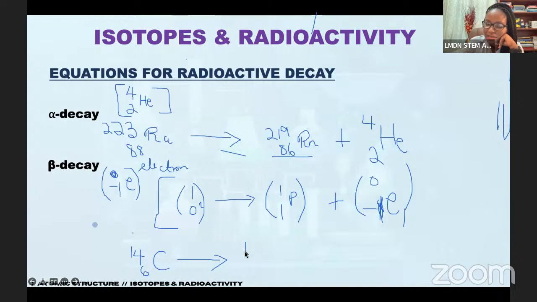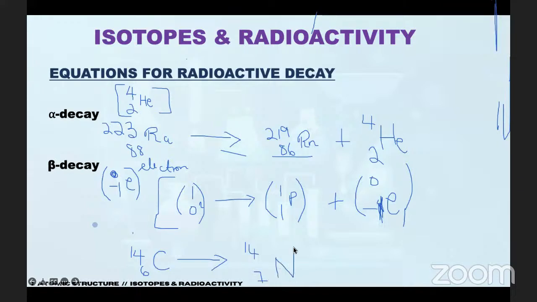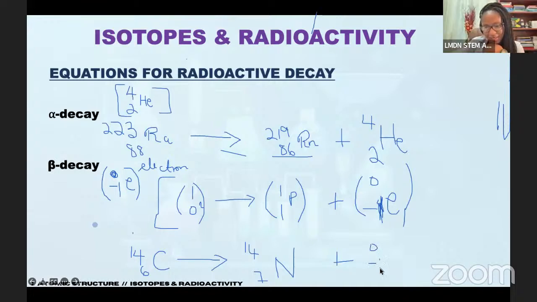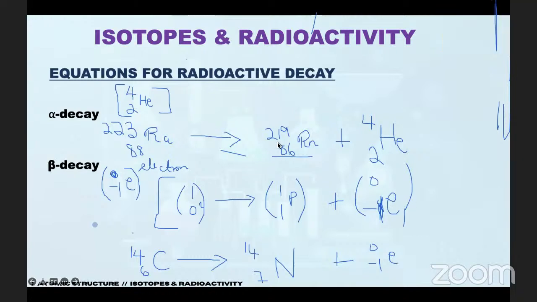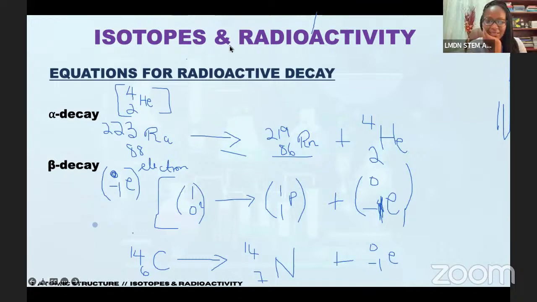What element is that that we're getting as a result of this beta decay? Miss, is it nitrogen? Exactly. So you see we get nitrogen from carbon?